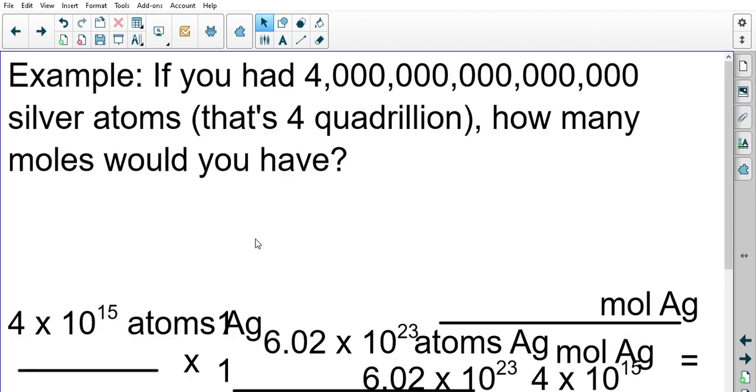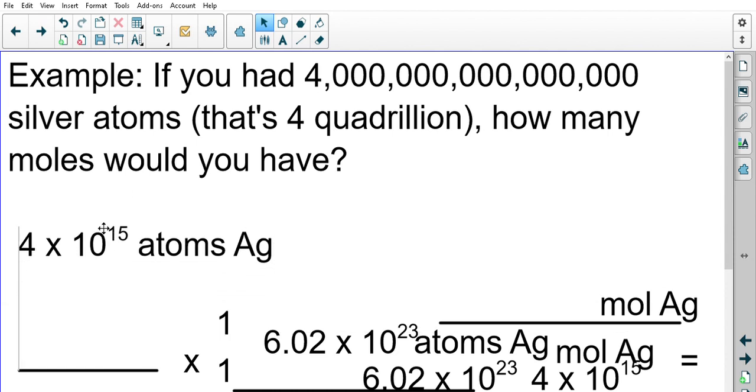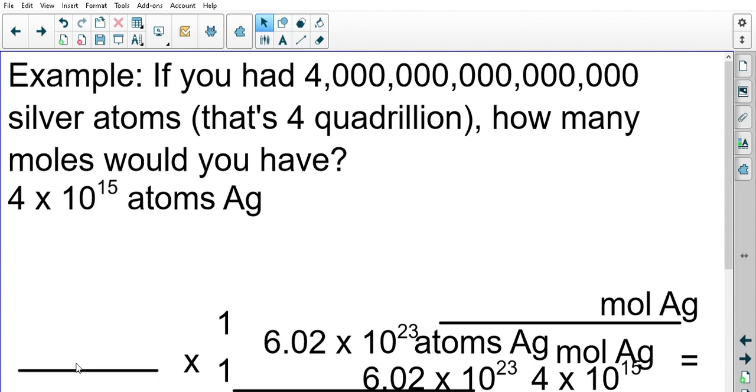Here's a different problem. This was also in that assignment. Different given. I'm telling you how many atoms there are, and the question is how many moles is that? So this time I'm going to set it up the same way, but the effect is going to be different. I start with my given over 1, just like before.